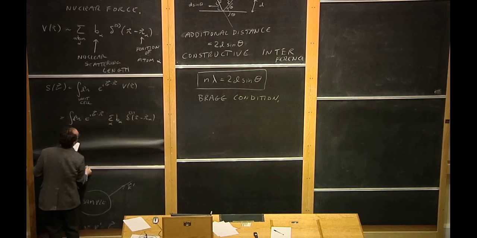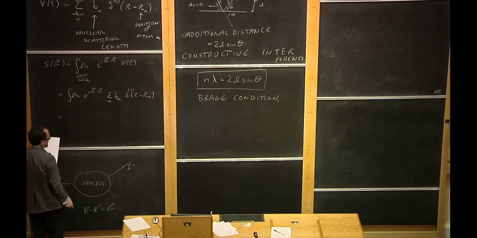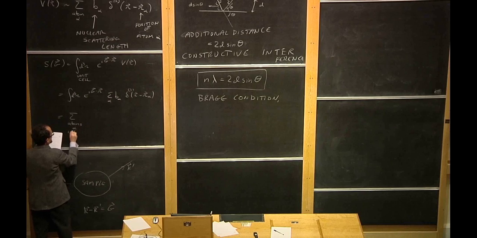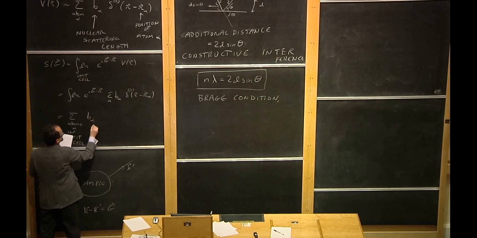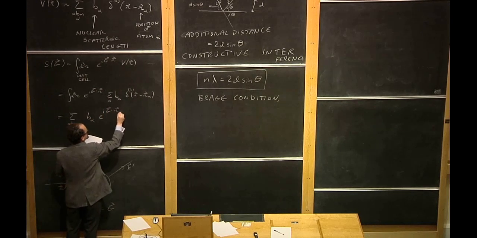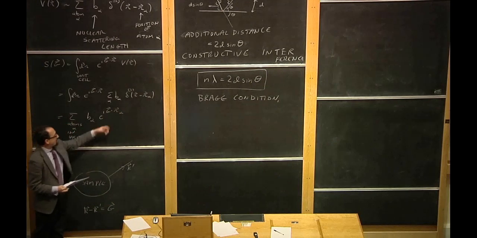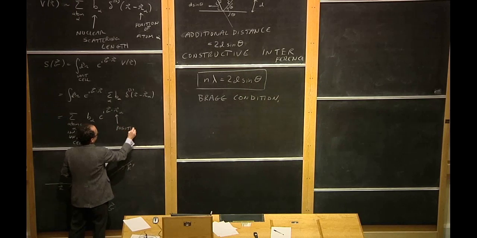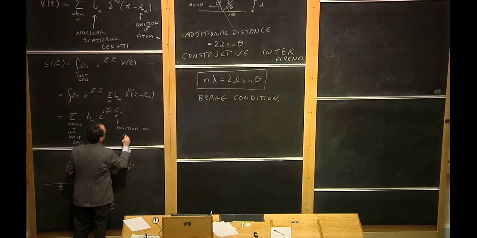Now we'll let the delta function act, and we get the fairly simple outcome: the sum over atoms alpha in the unit cell of B sub alpha e to the i G dot r sub alpha, where r sub alpha is the position of atom alpha in the unit cell.